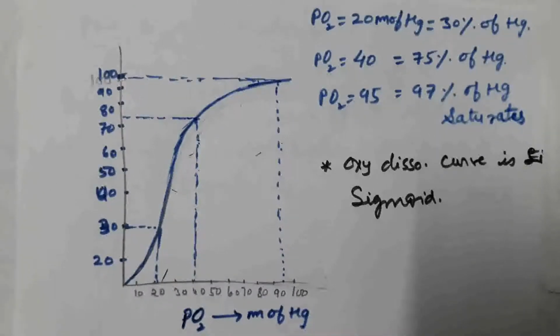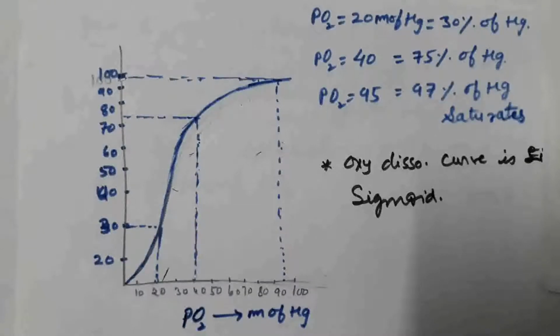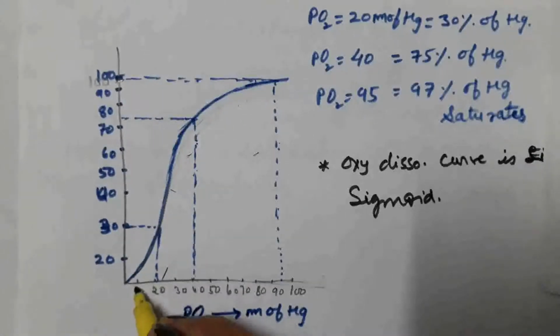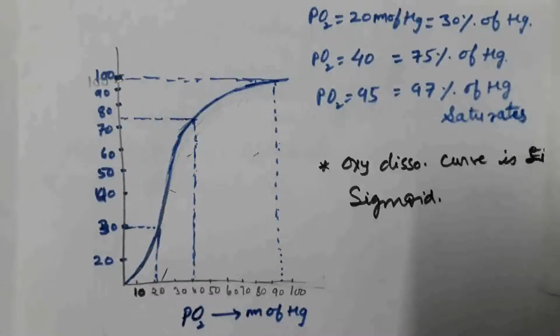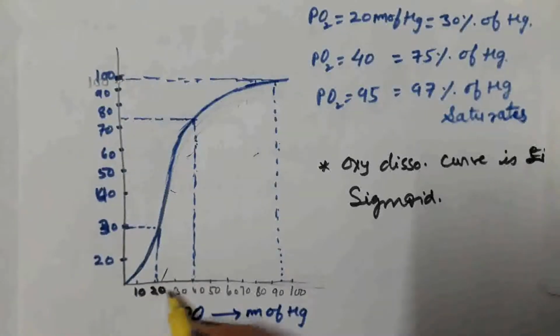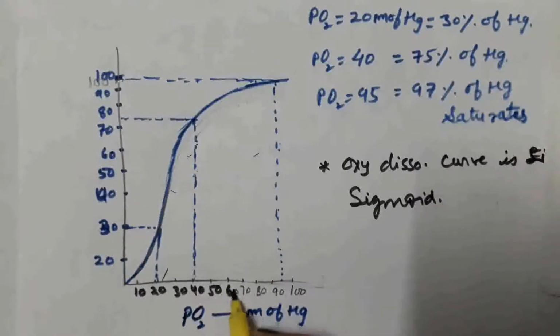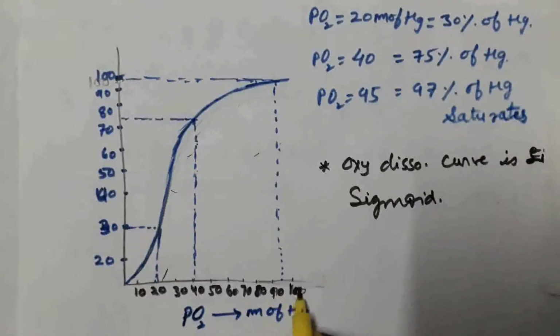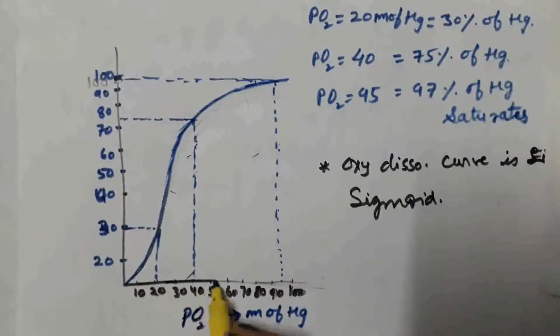On the x-axis we are showing the different partial pressures of oxygen, that is at 10 mm of mercury, 20, 30, 40, 50, 60, 70, 80, 90 and 100 mm of mercury.